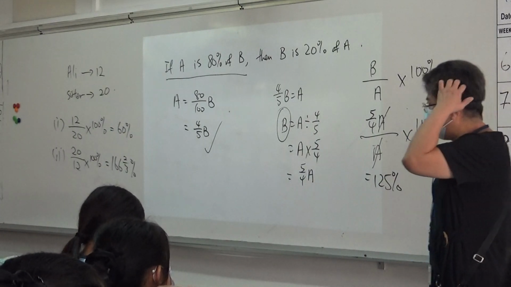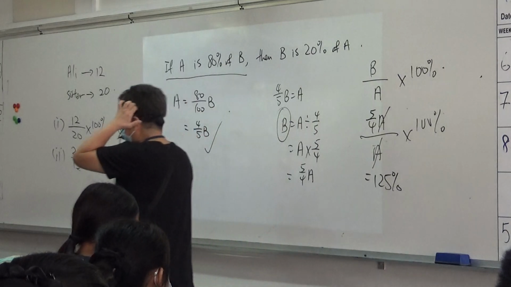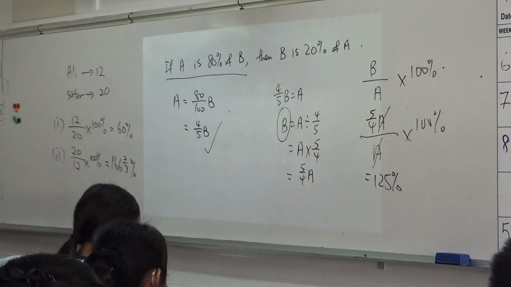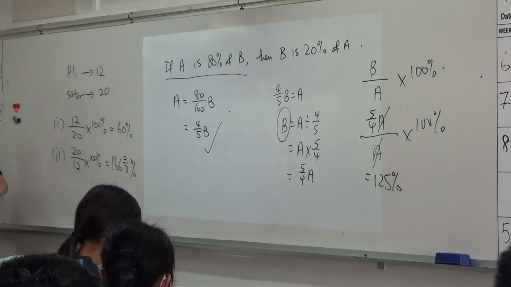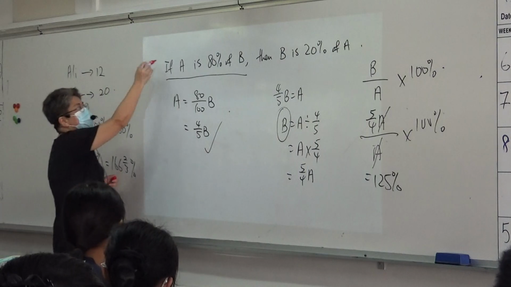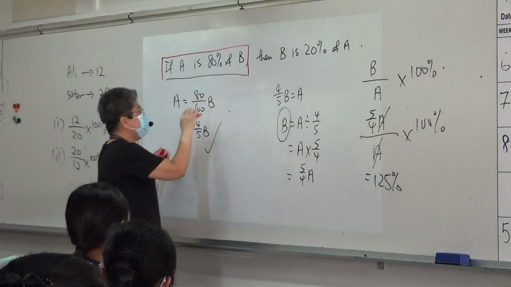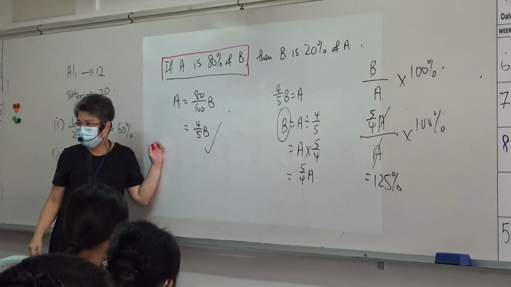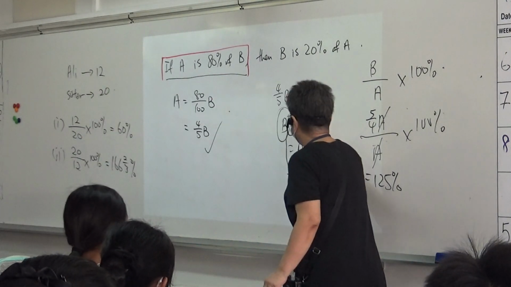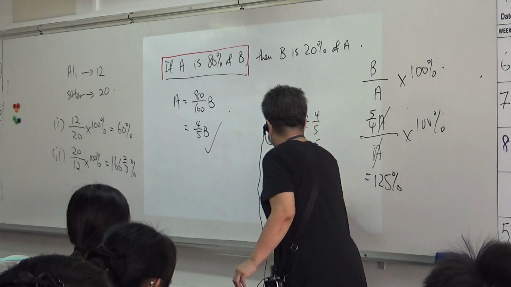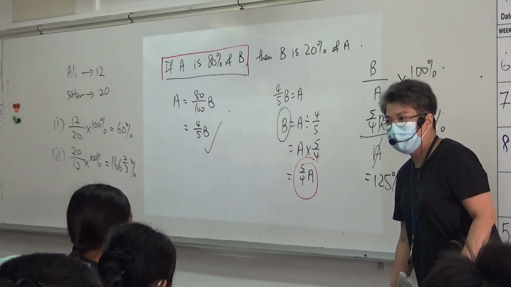Okay, I'm going to repeat again, because if I set it up exactly, a lot of people will get it wrong. Confirm, because you never read properly. I'm going to say it again. A is 80% of B. Everybody okay? From here, I rewrite B divided by 4/5, which is 5/4. So B is actually this. Can you see now?